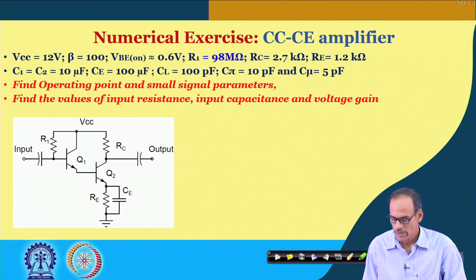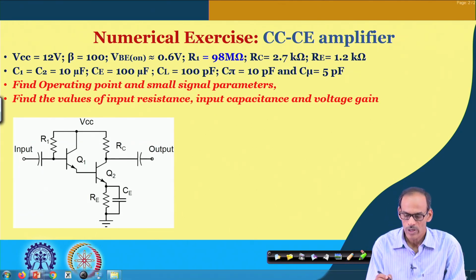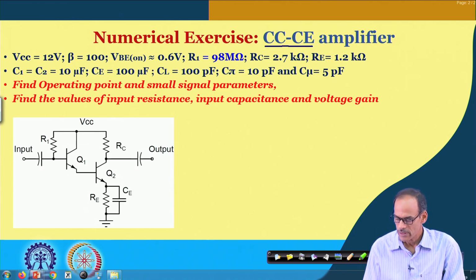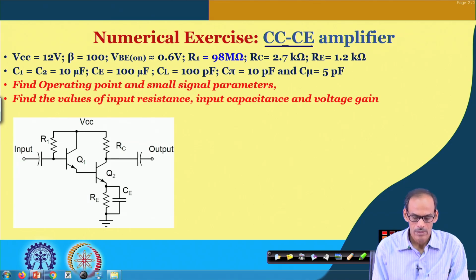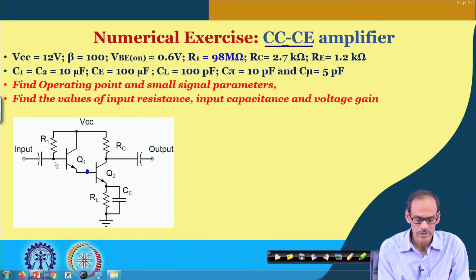So, now we have another example where we have the CC followed by CE amplifier. Here, the CC stage is directly coupled to the CE stage, and this part is the CC stage.